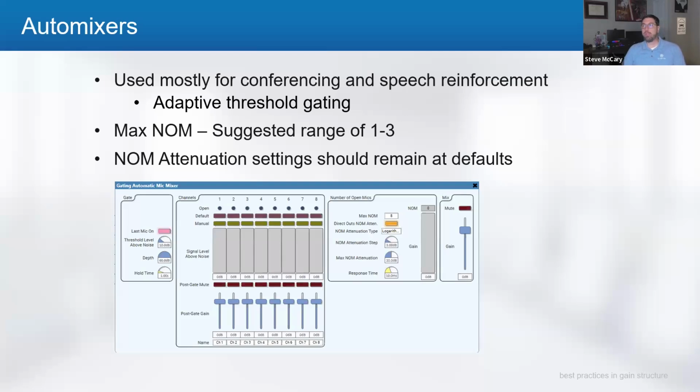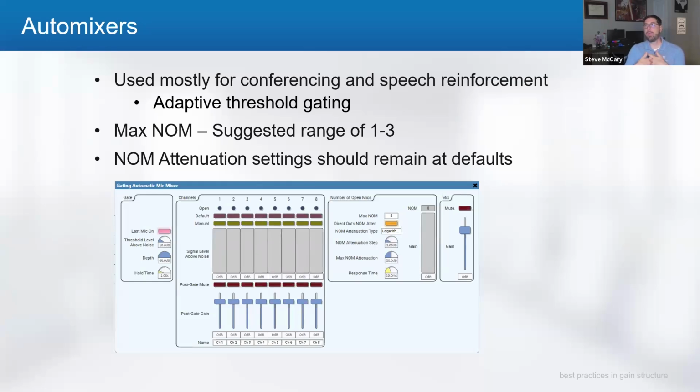So what we'll do is we will set a NOM, which is the number of open mics. We will generally set this from 1 to 3. Any more than 3, you are just asking to have a whole bunch of extra noise come into your signal path.